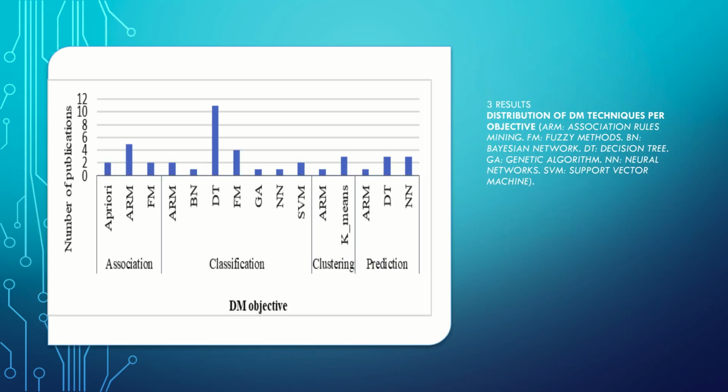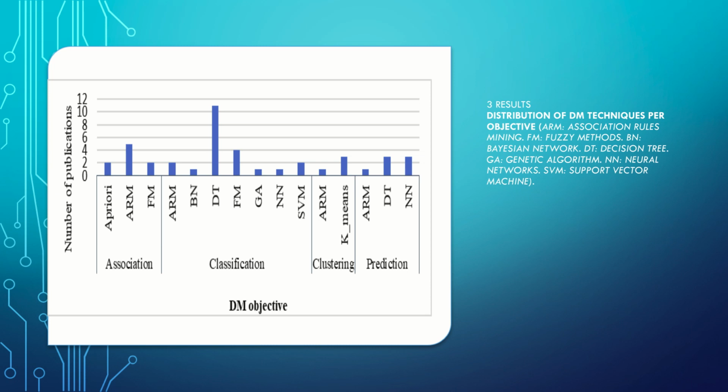Here we see the distribution of data mining techniques used according to each data mining objective. So, as we can see, the four objectives were investigated with association at 21.4%, classification 52.3%, clustering 9.5%, and prediction 16.6%.